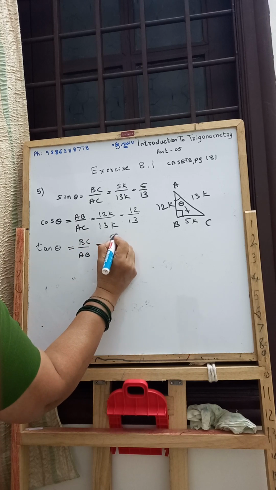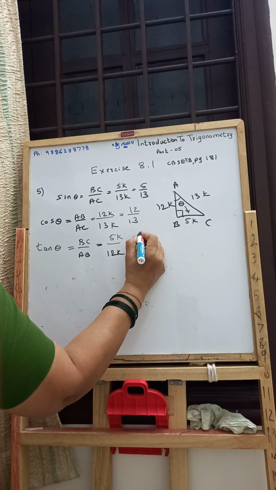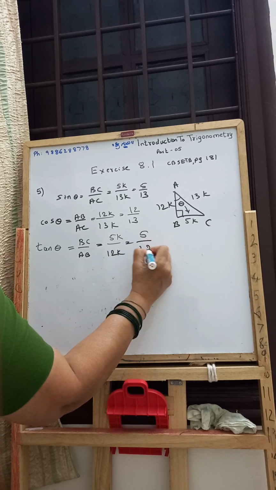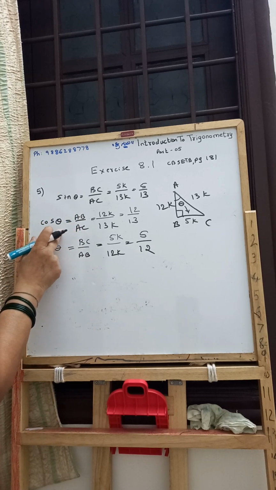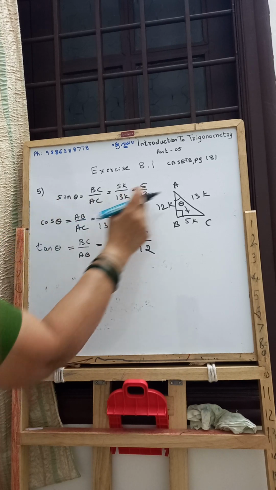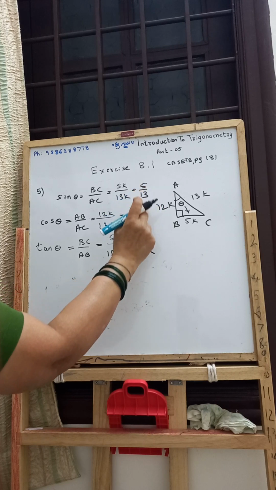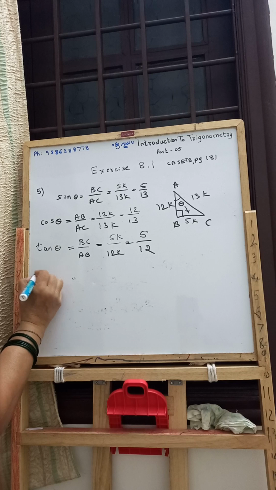This is 5K divided by 12K. This is 5 upon 12. And tan theta is sin theta upon cos theta. We have defined it as earlier. We can write directly as sin theta upon cos theta is 5 upon 13 divided by 12 upon 13. We get 5 upon 12 only.